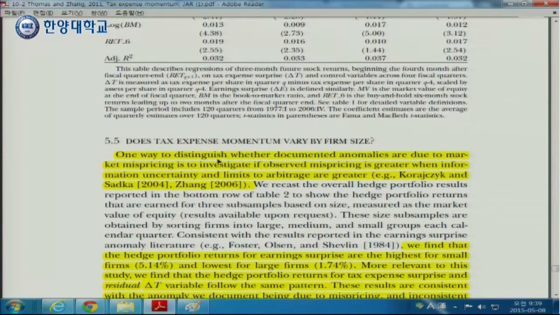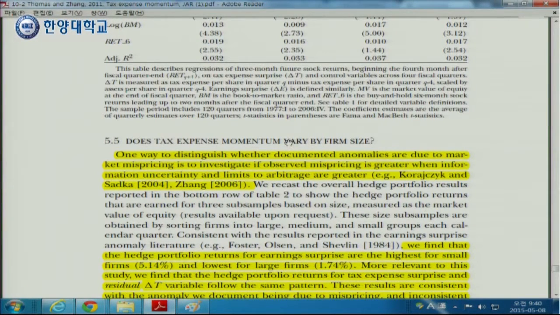One way to distinguish whether the documented anomalies are due to mispricing is the anomaly they found, the relationship between today's tax expense surprise and tomorrow's stock return. So this is an anomaly. Okay, this is against the efficient market hypothesis.